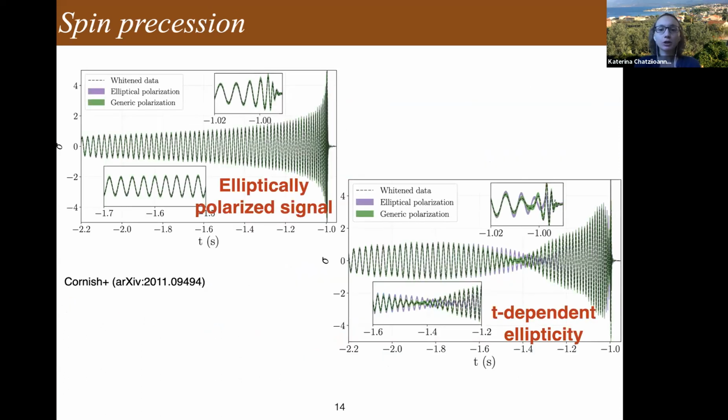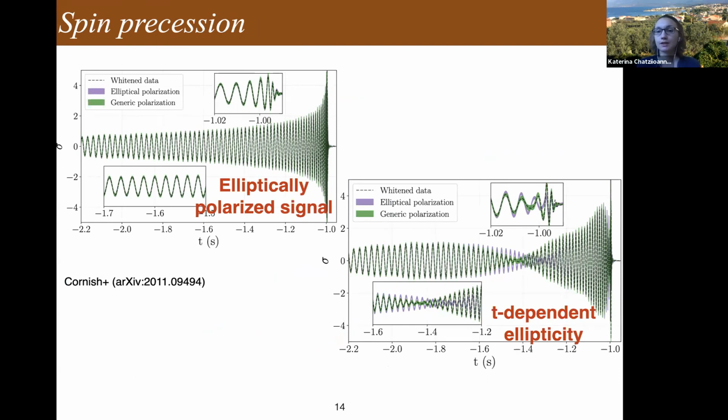So here's an example of how this works with a simulated signal. For this, I'm showing spin precession as an example of a phenomenon that breaks elliptical polarization. The precessing signal is on the bottom right, while a non-precessing signal, so elliptically polarized, is on the left. And you can kind of see the differences. The one on the right has more interesting features, with its amplitude and frequency modulations.